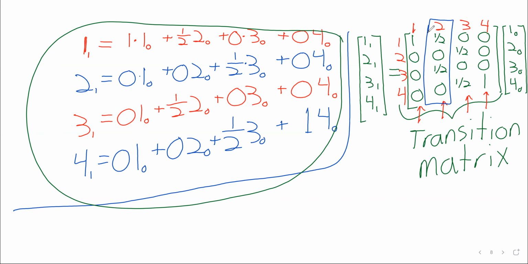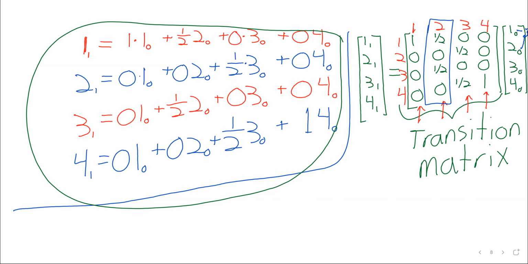The probability that we transition to 1, to 2, to 3, or to 4. Well, it's just how Markov chains work, that if we start at 2 and a transition occurs, we have to wind up somewhere. We have to wind up either at 1, 2, 3, or 4.